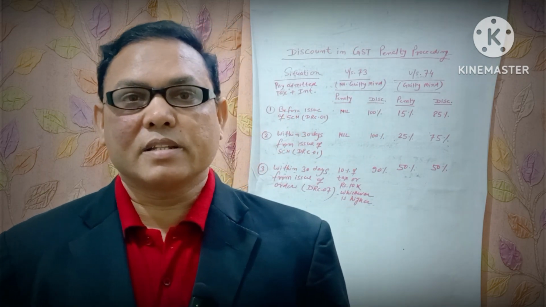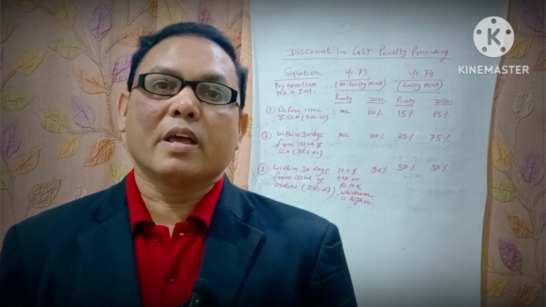That means the offences which have occurred are due to genuine reasons, and section 74 deals with the offences which have been committed by the taxpayer with guilty mind. So 73 and 74 are part of the demand and recovery chapter.